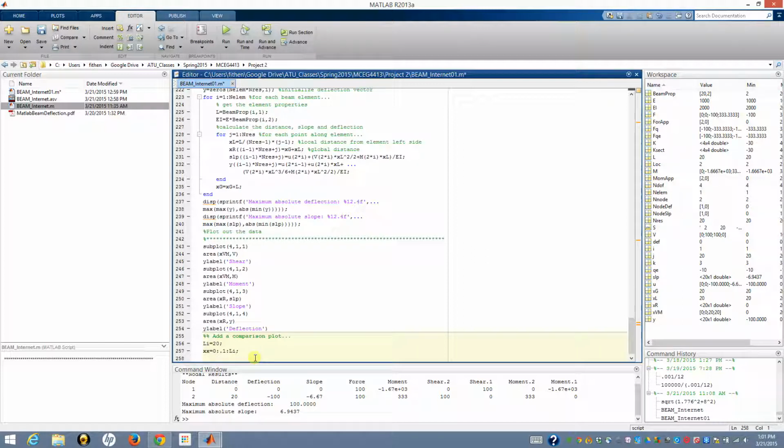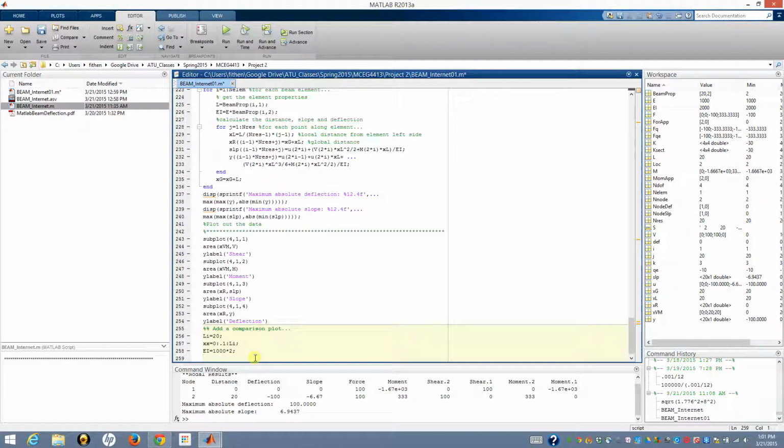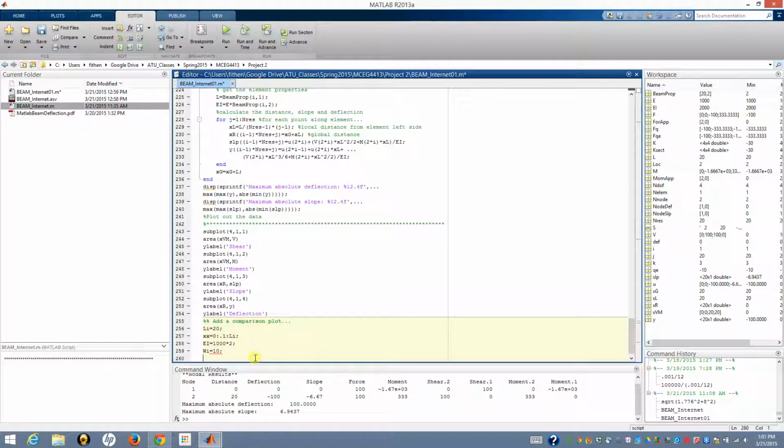EI we'll put together equals 1,000 times 2. WI, which is the load, which I considered to be 10.